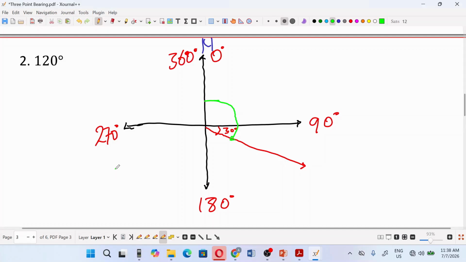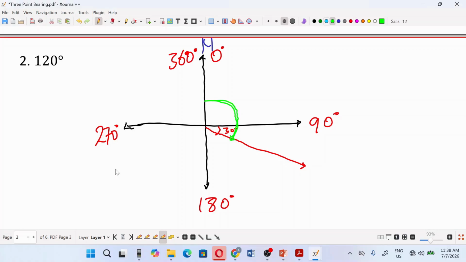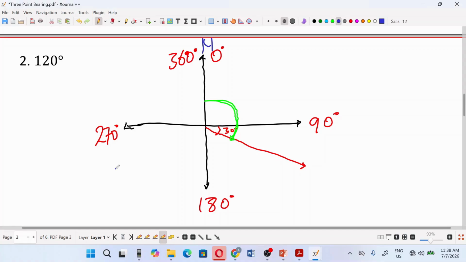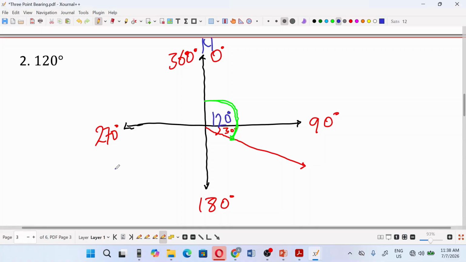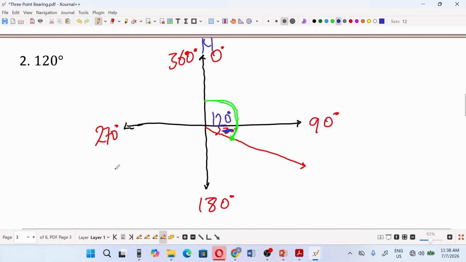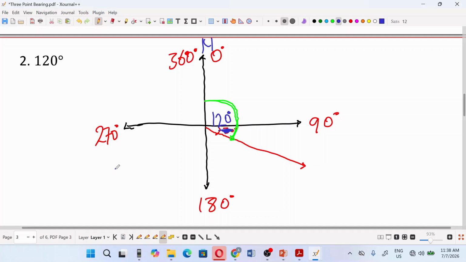So the whole of this, up to this part, is what I'm interested in, which is what the question is asking for. So the whole of that is now going to be your 120 degrees, and you are done, right? This part wasn't really needed, but it was for us to be able to know how much we need to add to 90 to get the 120, which the question asks of us. All right, I hope that is clear.